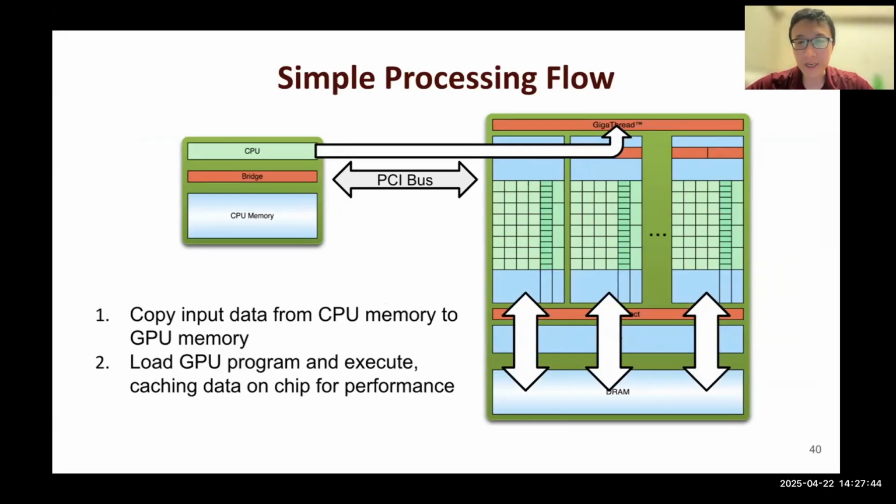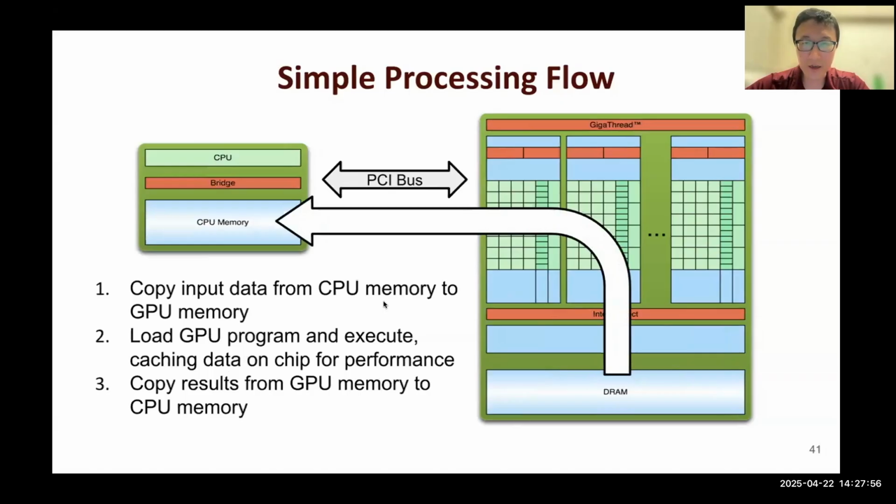The GPU program will take the data from the GPU memory because GPU programs cannot take data directly from CPU memory. So you have to make sure you have your data ready, and then you can launch your instructions. After everything's done, the results are returned into the GPU memory, and then you copy all the results back to your CPU for further processing.